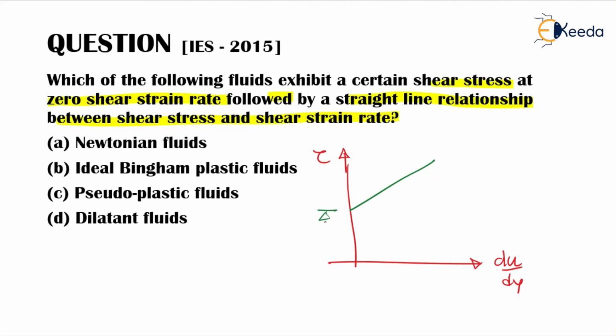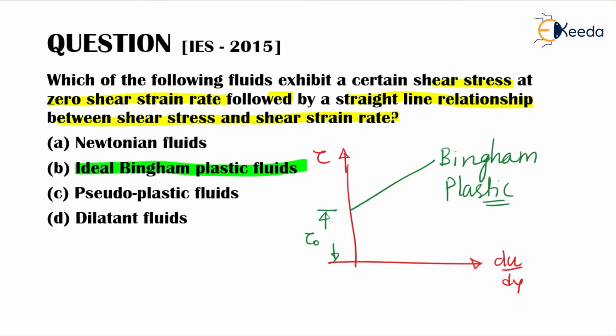Initially it will have a certain tau naught value and then it will behave like a Newtonian fluid, and this fluid is Bingham plastic. So we will go with option B. This must be the correct option.